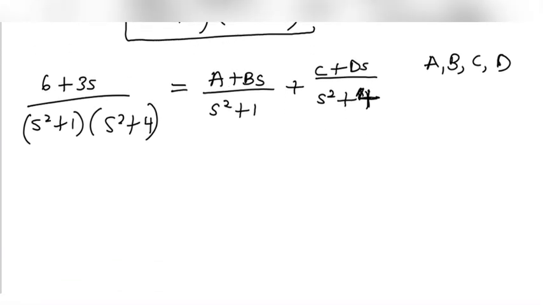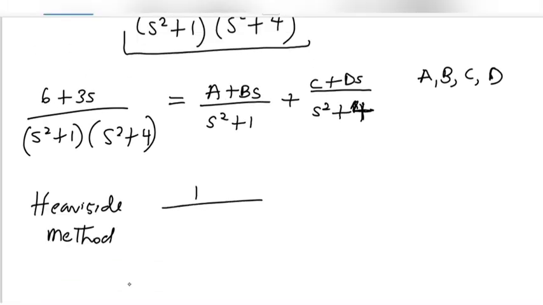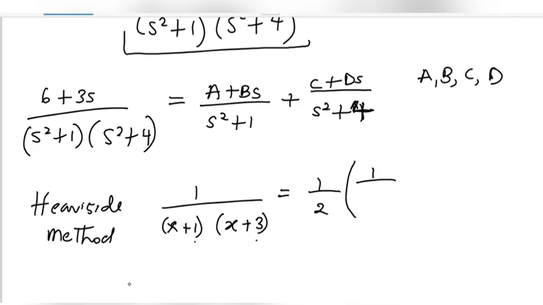And to do this, we just have 1 over, let's say, (s plus 1)(s plus 3). This is simply going to give us 1 over 3 minus 1, which is 2, then into 1 over s plus 1 minus 1 over s plus 3. This is just a simple method that we're going to use here.